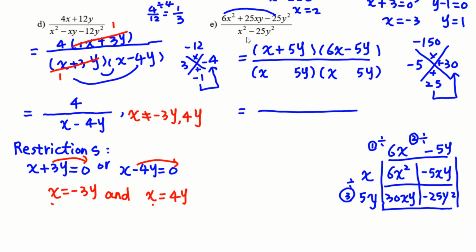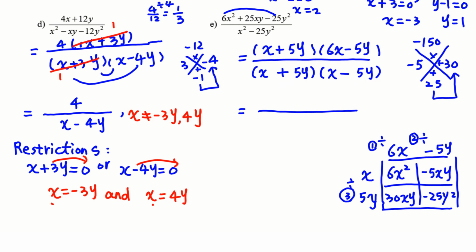Difference of squares means subtract, x squared minus bracket 5y squared. The square roots of them are x and 5y, one plus, one minus. So the middle will be plus 5xy minus 5xy. The middle term will be gone.